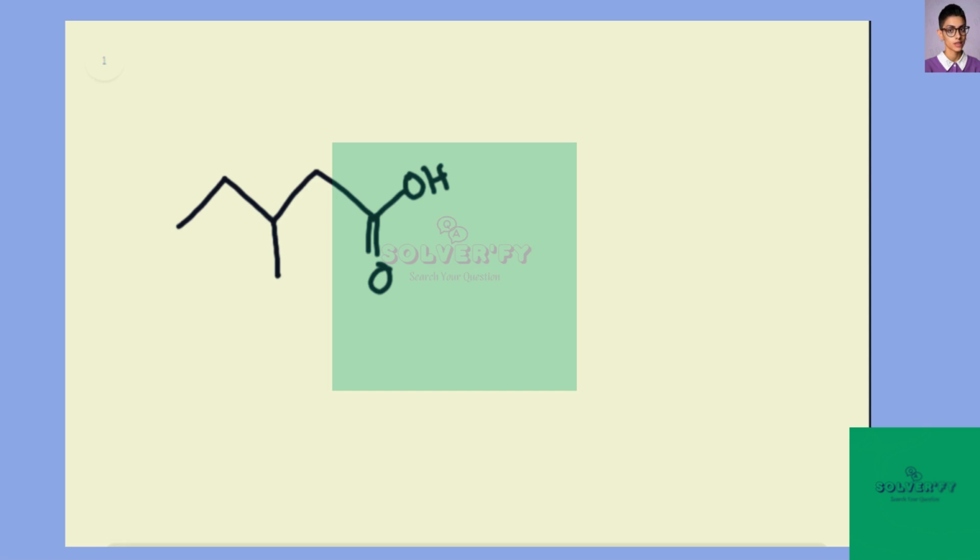Ethyl methanoate is going to be an ester, right? So we know that an ester has a double bonded O and a single bonded O. Now this one is methanoate.